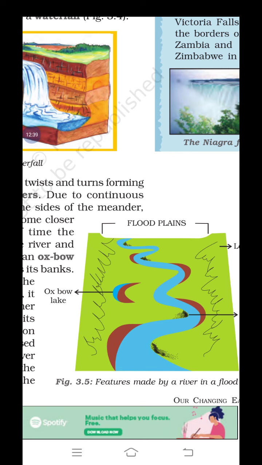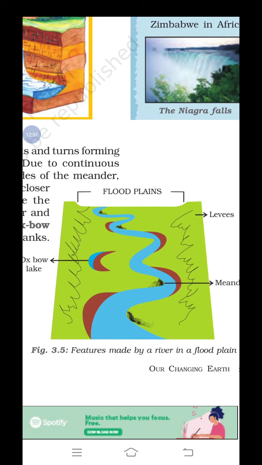There is water, and along the sides there are soils, mud, all types of structure you are seeing there. With this process continuing, when lots of material is deposited there and the river cuts these parts from its side, it becomes an oxbow-like structure.